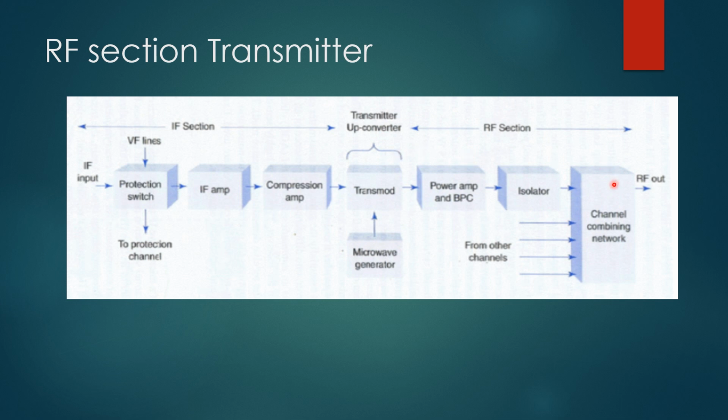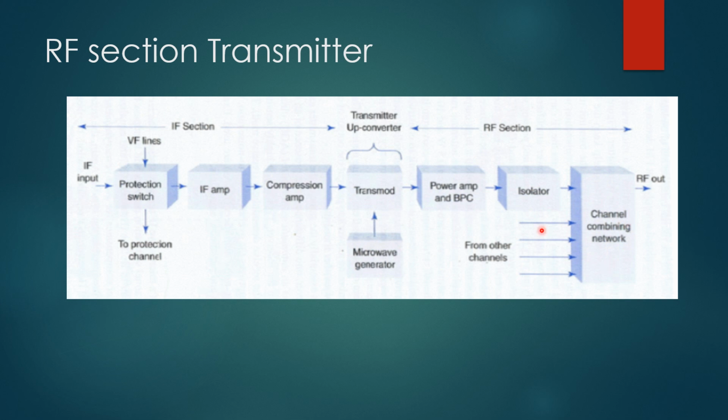For transmitting the RF, we again require power amplifiers and a band pass filter. This is the band pass filter, BPF. Then there will be the isolator section and the channel combining network.